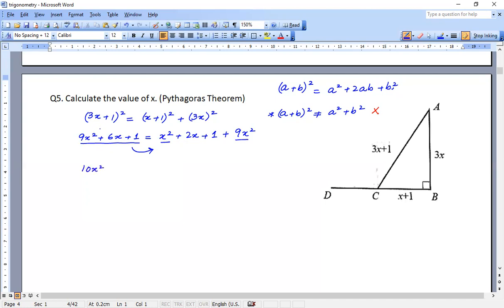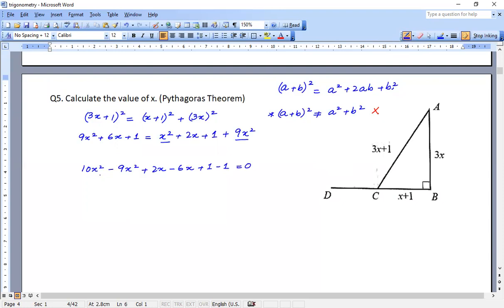And then when this 9x square moves to that side, it becomes minus 9x square. Then I have 2x over here. When 6x moves to the other side, it becomes minus 6x. I have plus 1 and then minus 1 equals to 0. I've moved everything on the same side and made sure that I'm arranging them in the standard form as well.